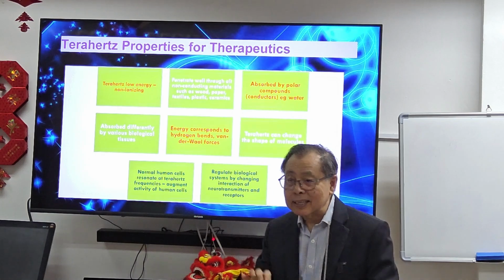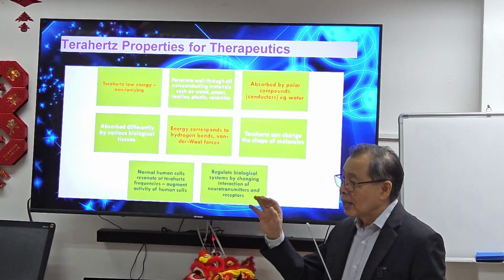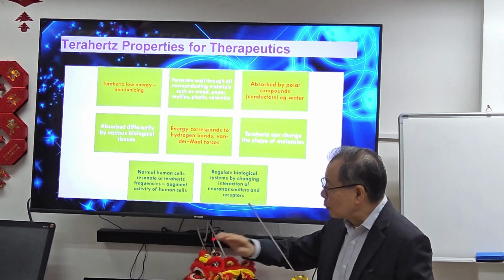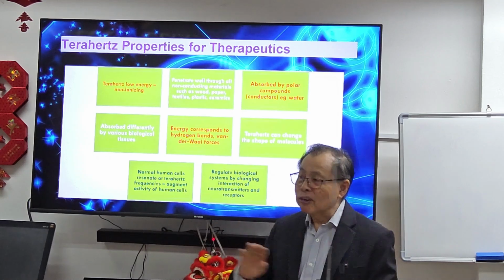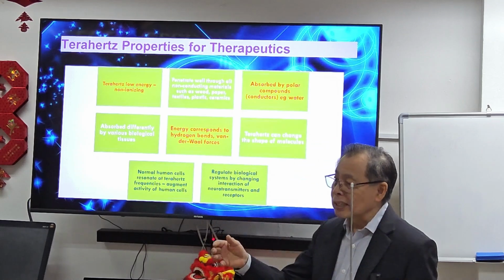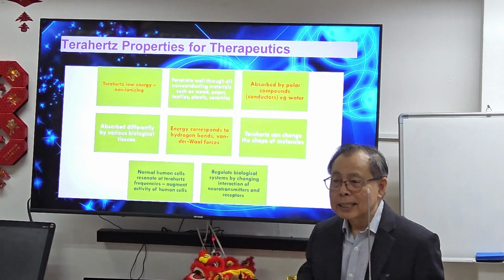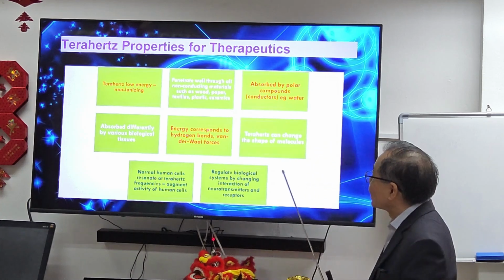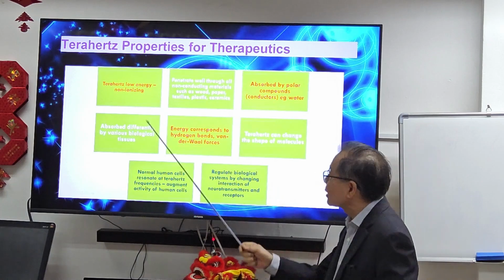Polar compounds are conductors of electricity. So that's why it can penetrate wood, cloth, anything, because they are non-conductors. But if you have water, it will be absorbed by water because water is a conductor of electricity. That's very important.